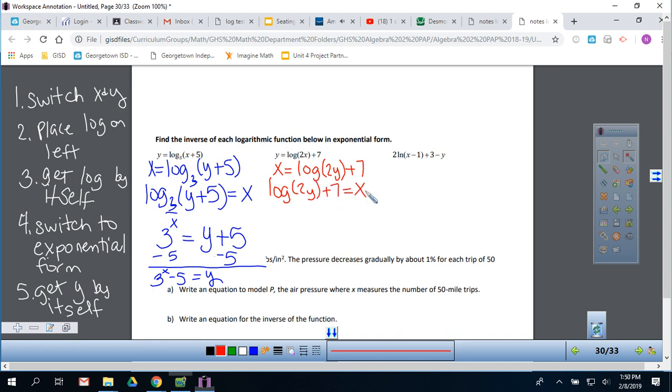We have our log on the left. So now we need to get log by itself. So right now we have this 7, we need to move it. And the reason we need the log to be by itself is so that we can do that switch to exponential form.